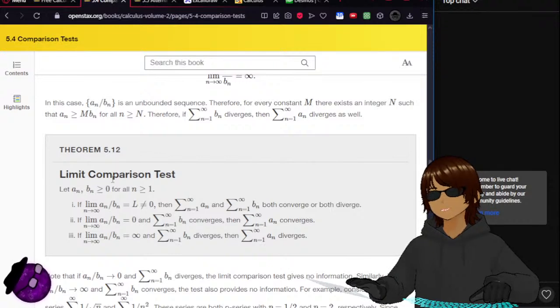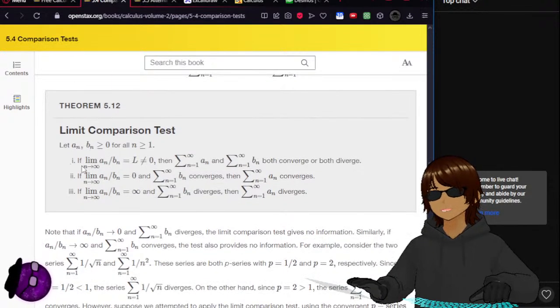Limit comparison test. If the limit of an over bn is an actual limit which is not 0, then either they both converge or both diverge.